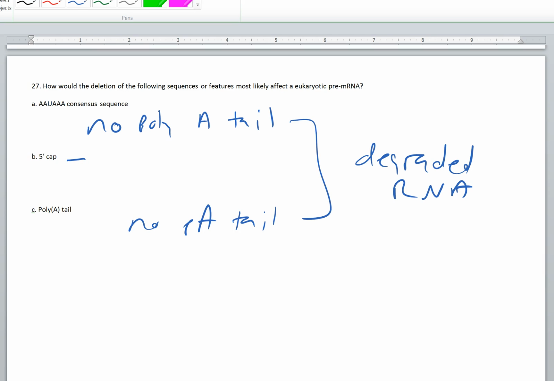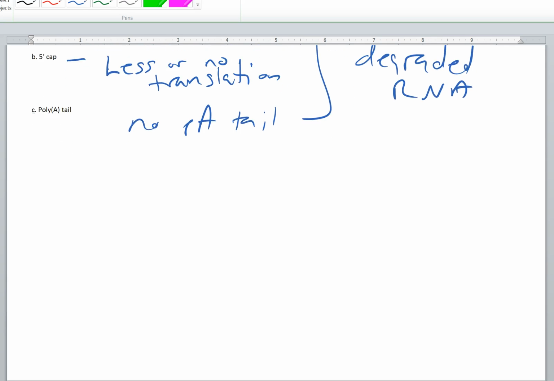If we don't have a 5' cap, we'd get less or no translation. It's just kind of a way to get at what the function of these things are. So that's about it.